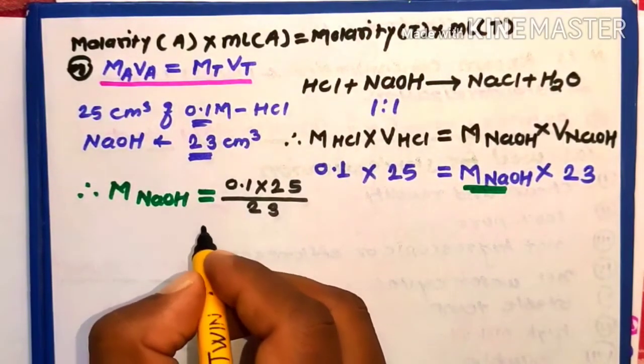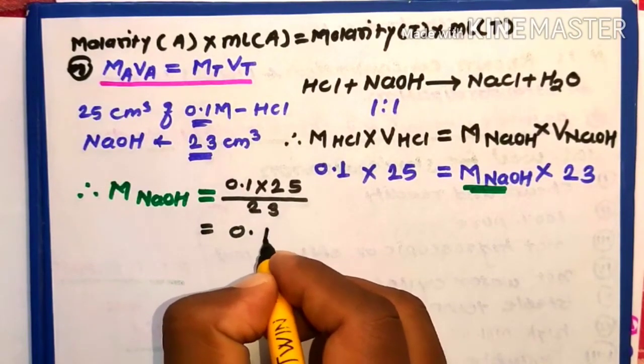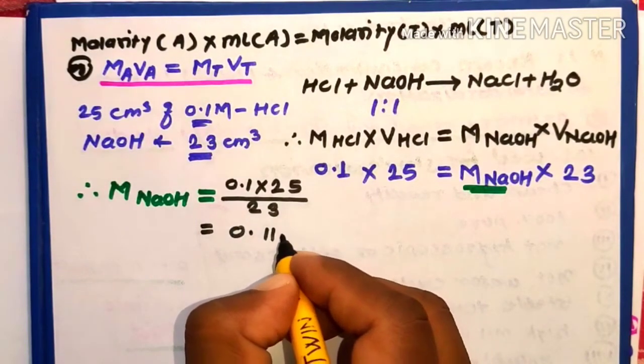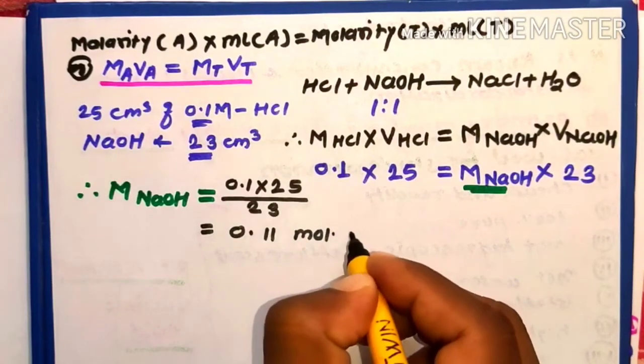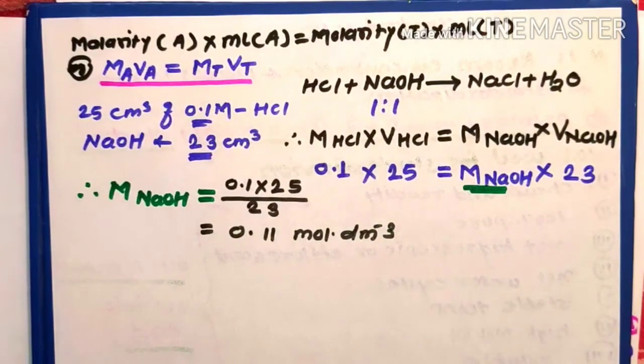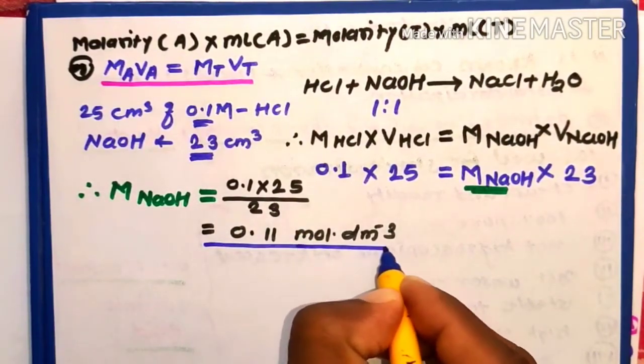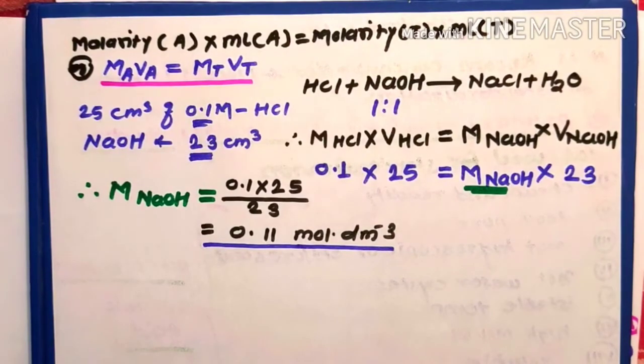Therefore, we get 0.11 mole per dm cube. This is the molarity of NaOH.